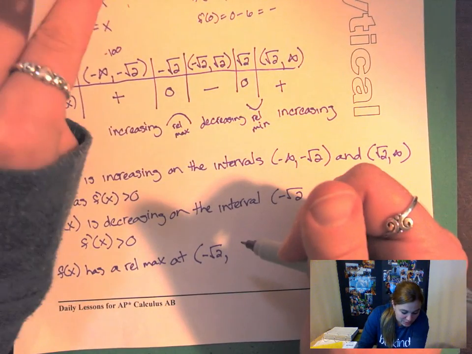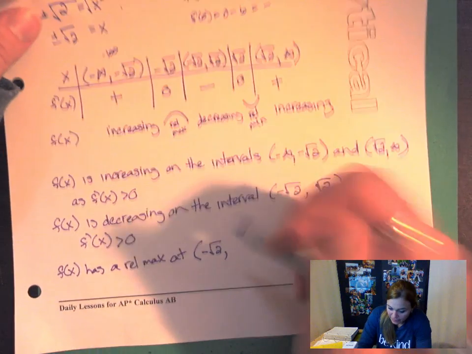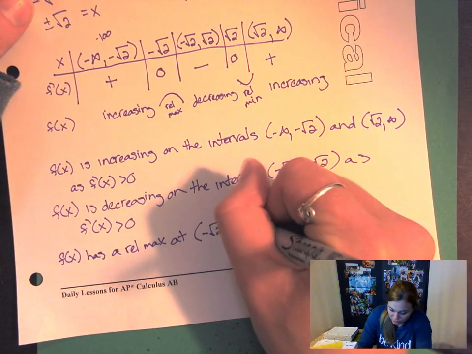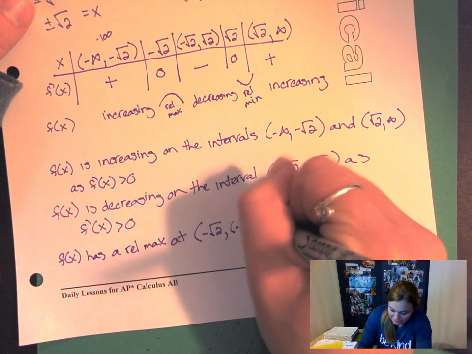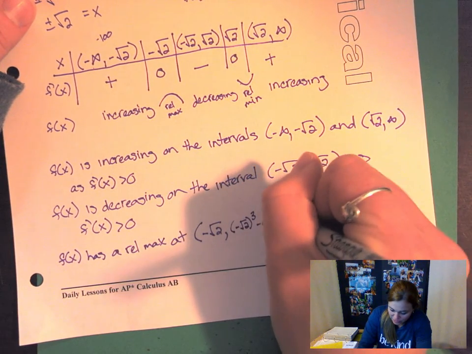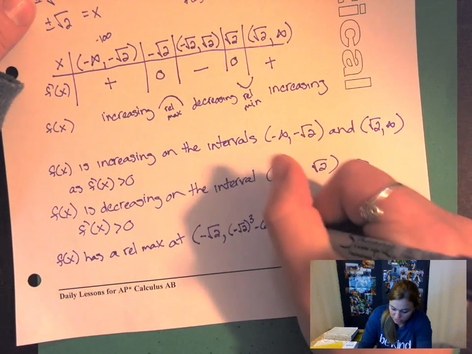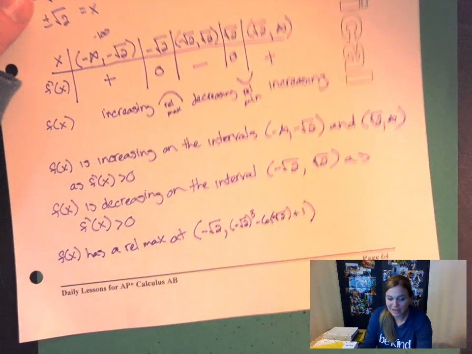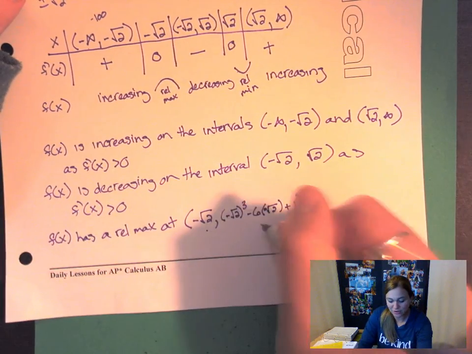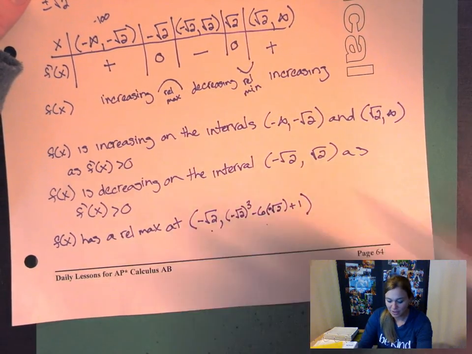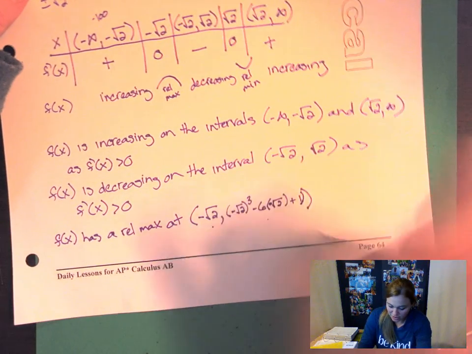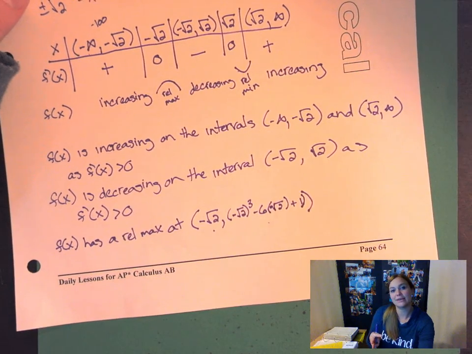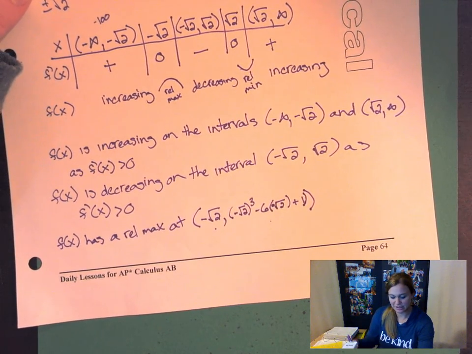My y value could be negative square root of 2 cubed minus 6 times negative square root of 2, plus 1. Ta-da! This is a gross point, this is an x value, this is a y value, and I'm going to move on with life. If you wanted to put this there, now it's in parentheses. Or you can find the decimal, just make sure you use 3 places after the decimal for that accuracy.